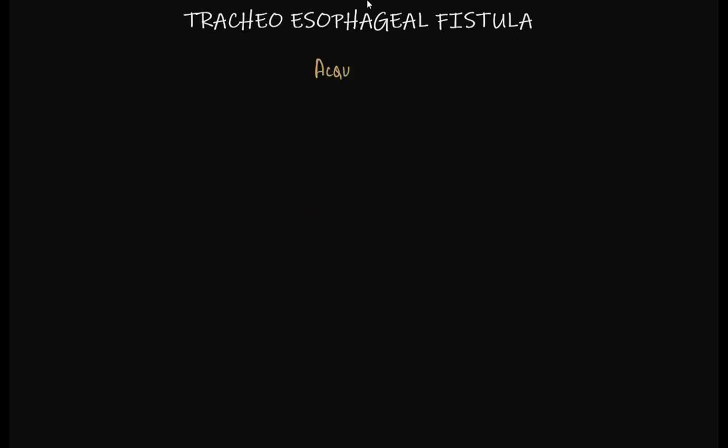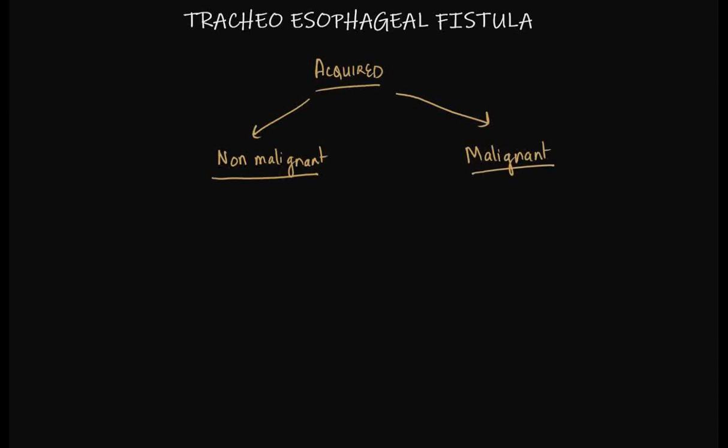The acquired tracheoesophageal fistula can be of two further types. Either it can be due to non-malignant causes or it can be due to any malignancies. So the non-malignant causes include trauma, endotracheal tube intubation, in which there can be pressure necrosis of the tracheal wall which leads to tracheoesophageal fistula, and TB.